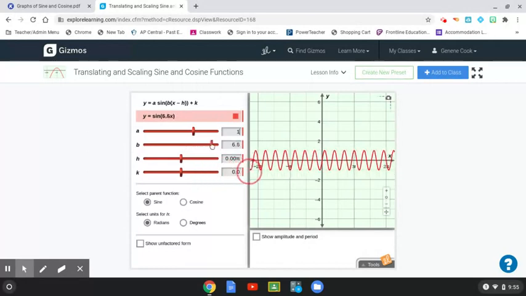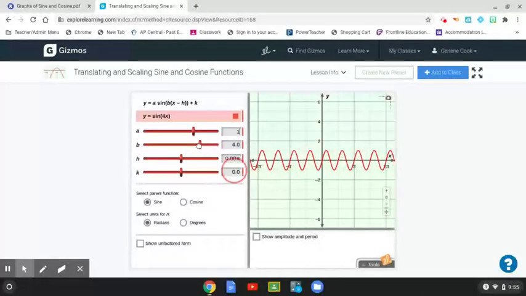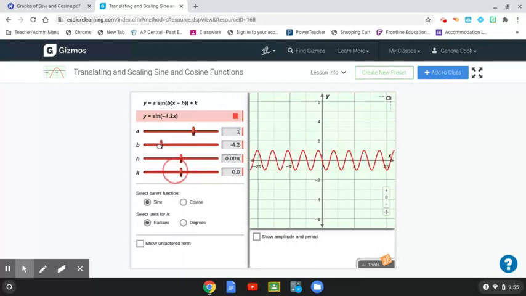So let me show you that again. And then also, if b is negative, the graph does reflect, it just flips over the y-axis. Okay, so let's set b back to 1.